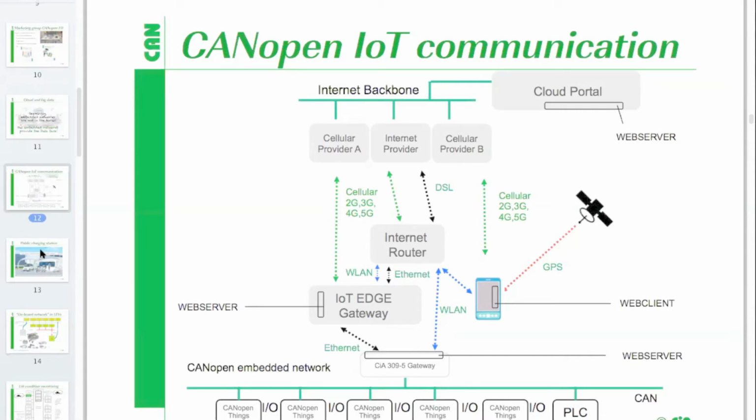And now we have some real-life examples which are using the aspects of such communication, CANopen IoT communication, at least part of those, but surely as a part of Industry 4.0.